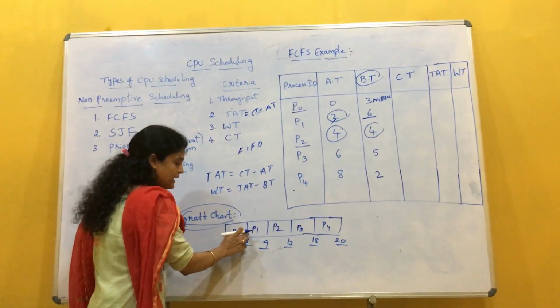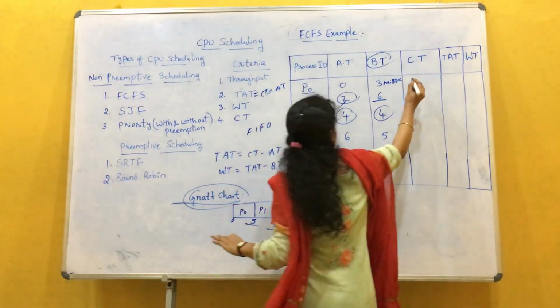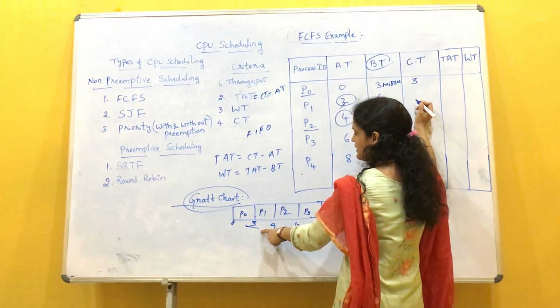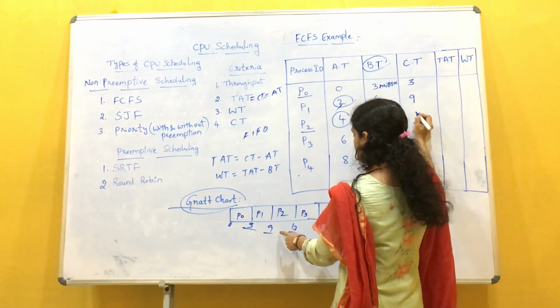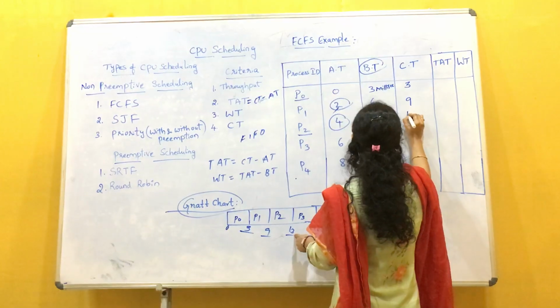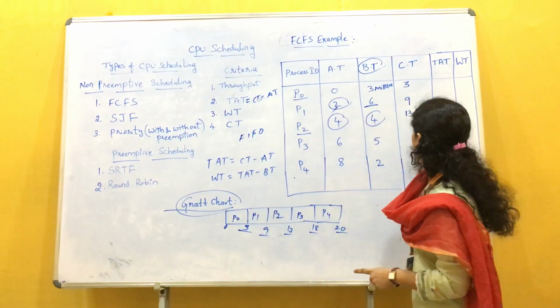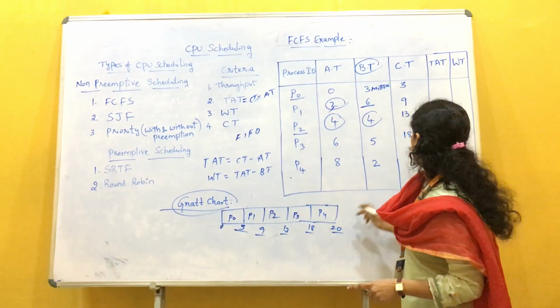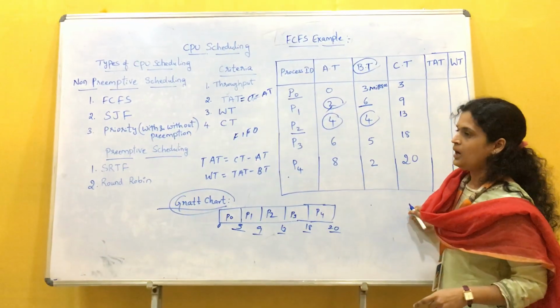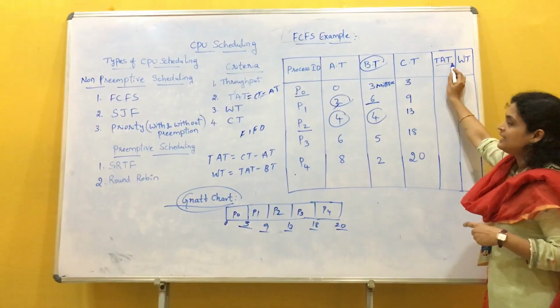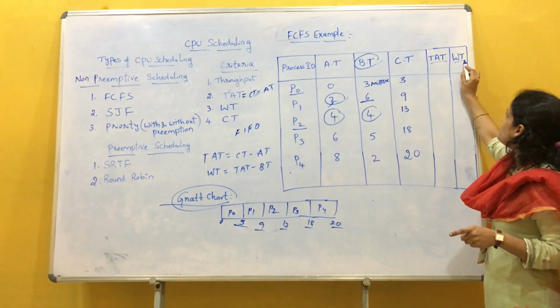Process P0 completes its execution at 3, P1 at 9, P2 at 13, P3 at 18, and P4 at 20. Now we need to calculate total turnaround time and waiting time.